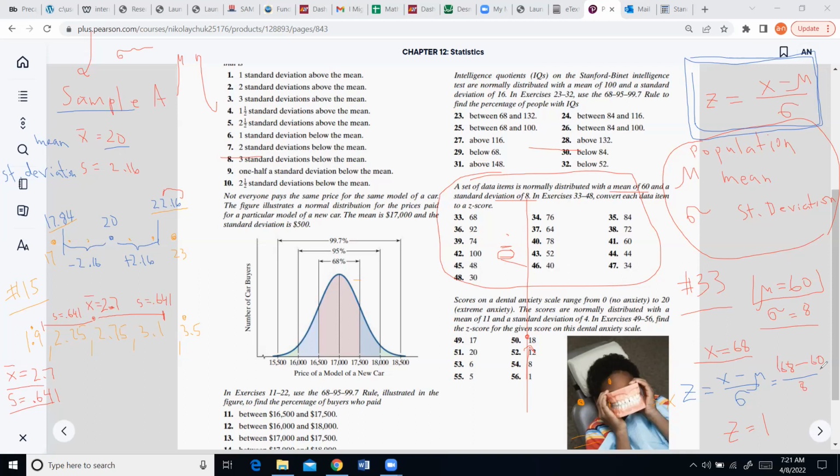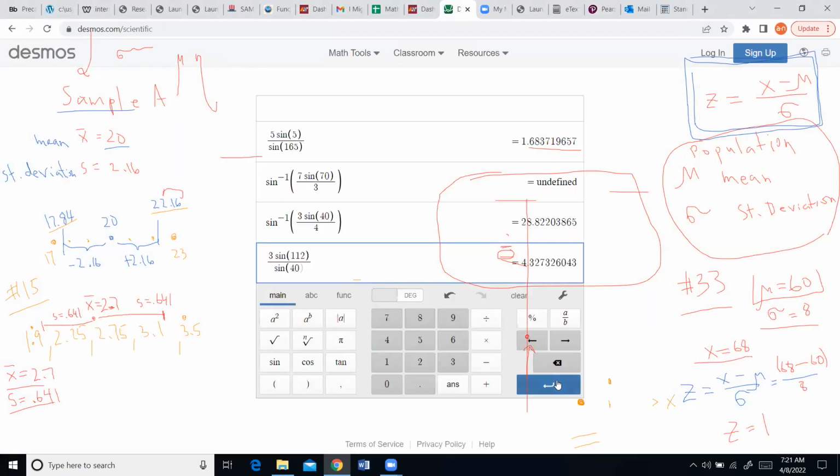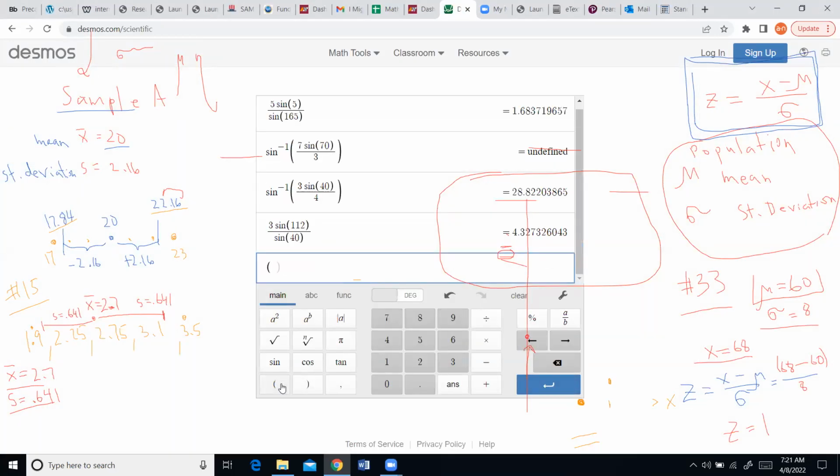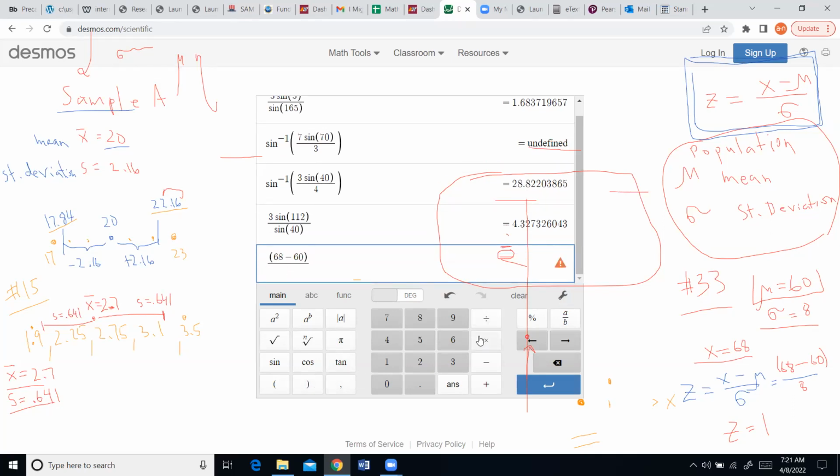And you say, Alex, are you sure? Well, I can put it in the calculator. Let me do this. So you can go with a parenthesis, then 68 minus 60 in the numerator, right? I put parentheses to make sure it's entirely divided by number 8.